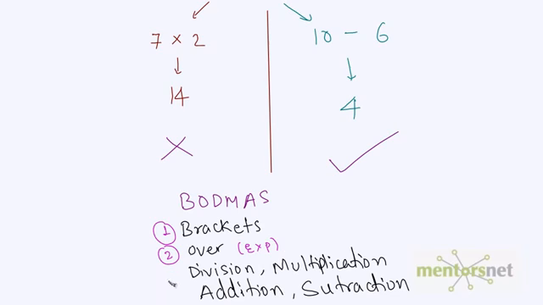Thirdly, we have multiplication and division. These two have the same priority. Then we have addition and subtraction, which again have the same priority. So whenever in any expression you have operations with the same priority, you go by solving them from left to right.